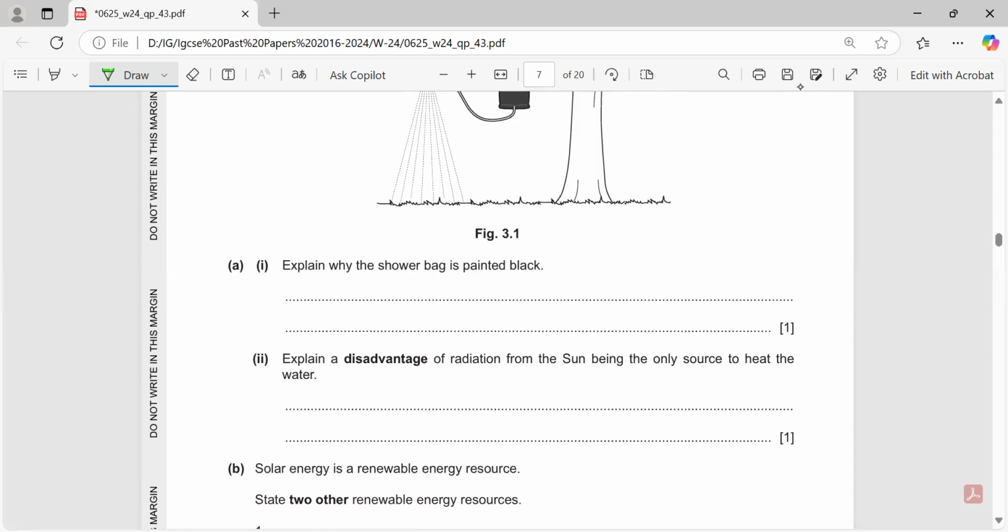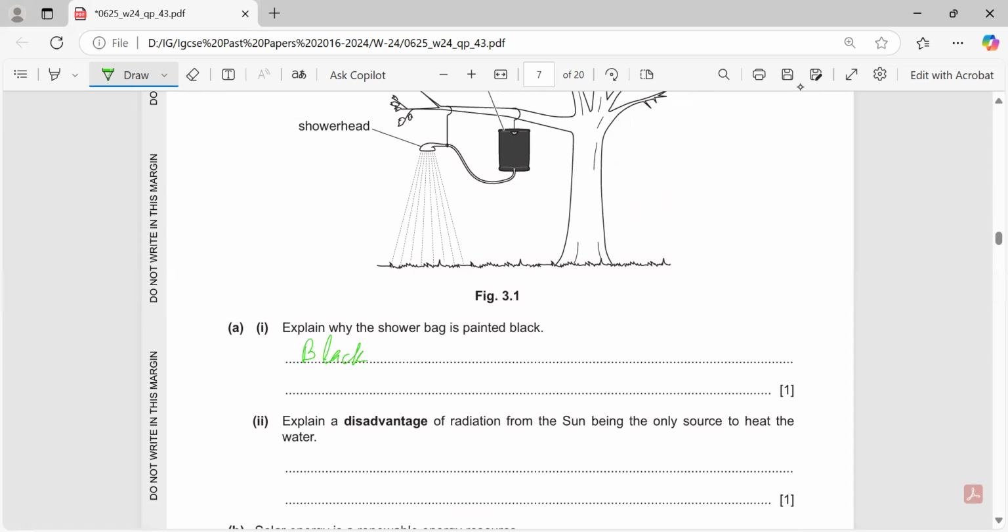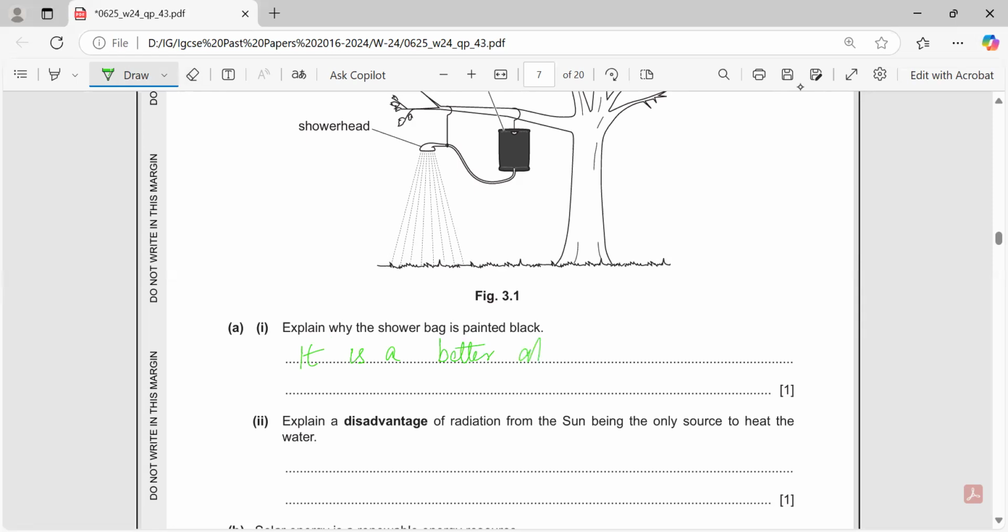So I can write black is a better absorber. You can even say emitter also.